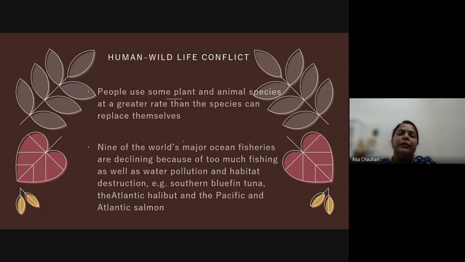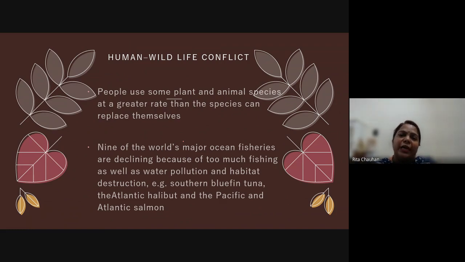Then sometimes there is human wildlife conflict. So what is human wildlife conflict? Many times we want certain animals or plants because they are important to us, so we grow them in more quantity. For example, if we know a fish is very nutritious or a crab is very nutritious, we tend to have more and more population fisheries of that in the water body.